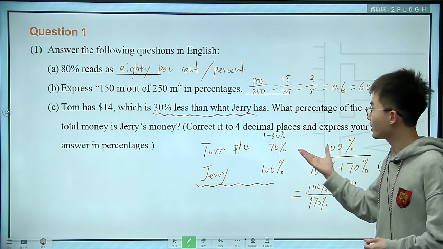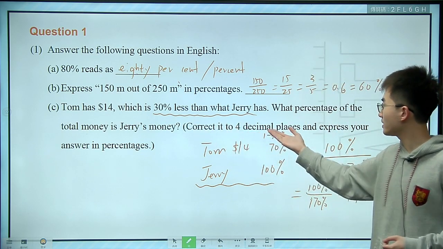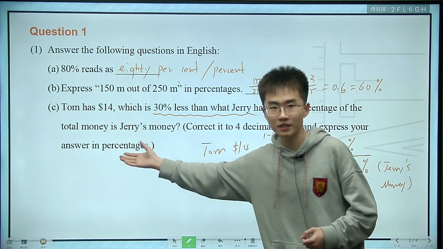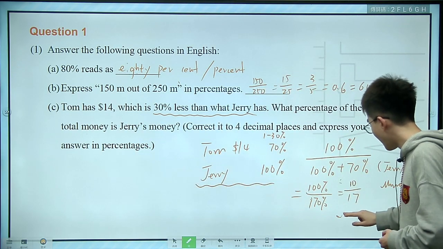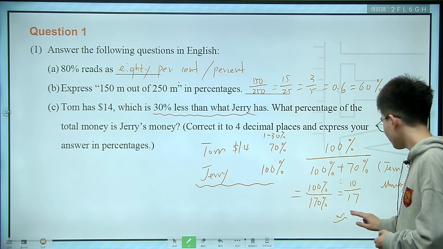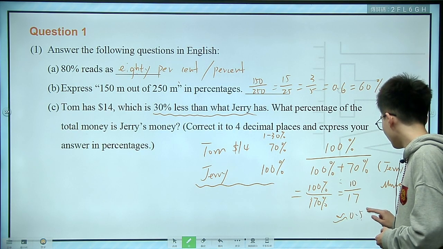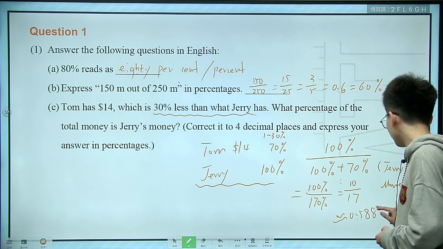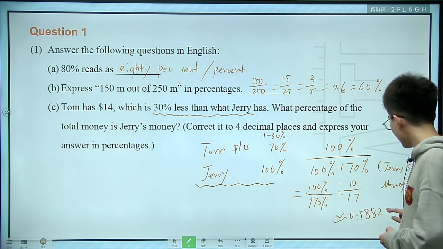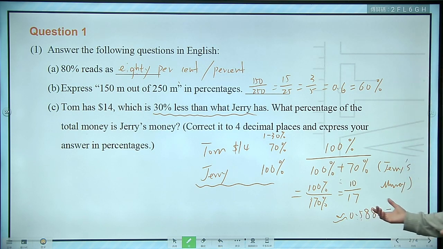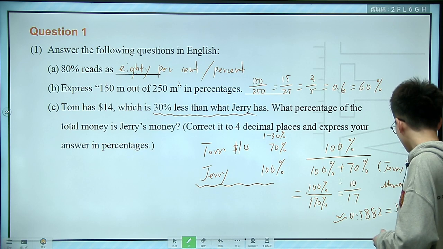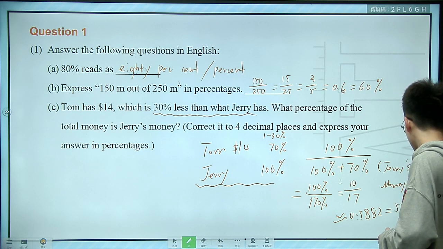Because this question tells you to correct it to 4 decimal places and express your answer in percentages, we will use rounding off. It will equal 0.5882, and you convert it to percentages, it will be 58.82%.